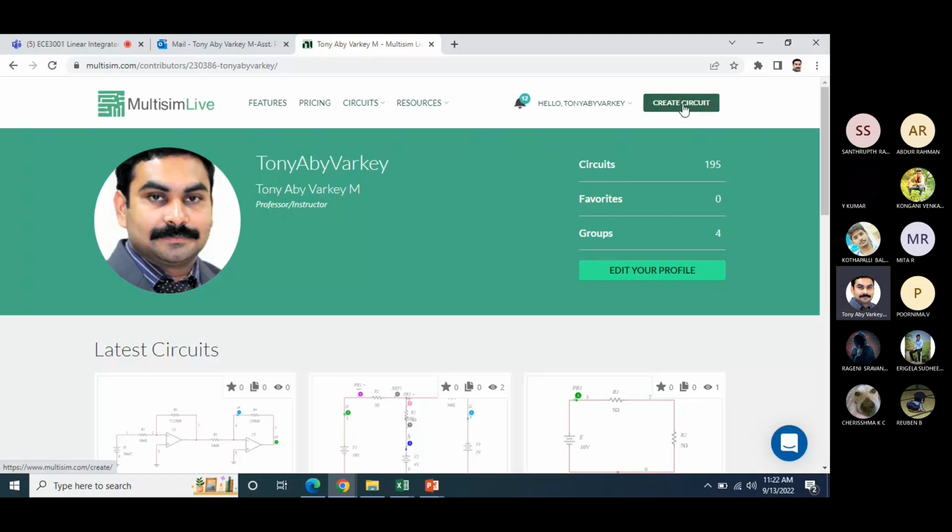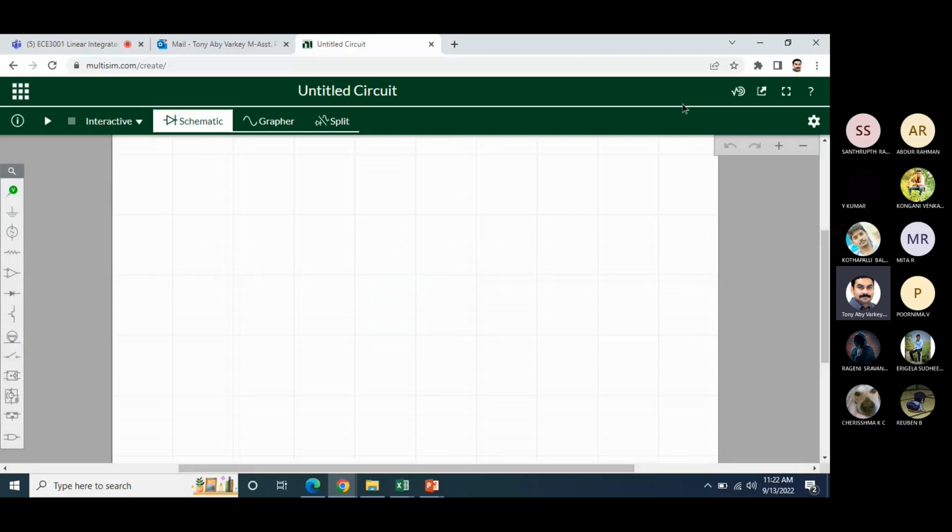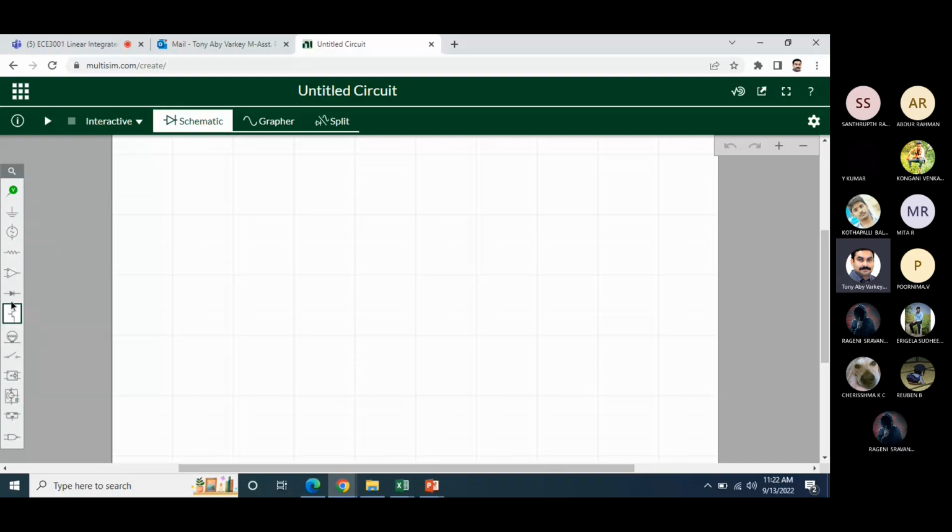You have to click on create circuit, so that one page will open. This is where you can wire your particular circuit. On the left side you can see all the sources and different components which are there.